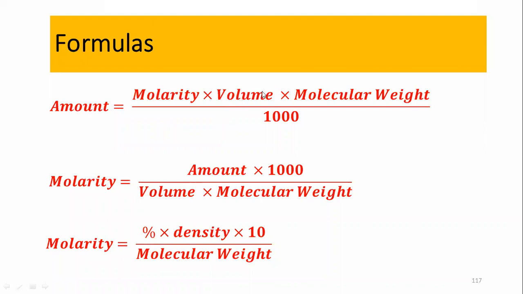Here you just put the mass in kilogram, and then this is going to be shown as the molality. So the difference is that for molarity this is the volume of the solution, and here this is the kilogram of the solvent. So the change is there.